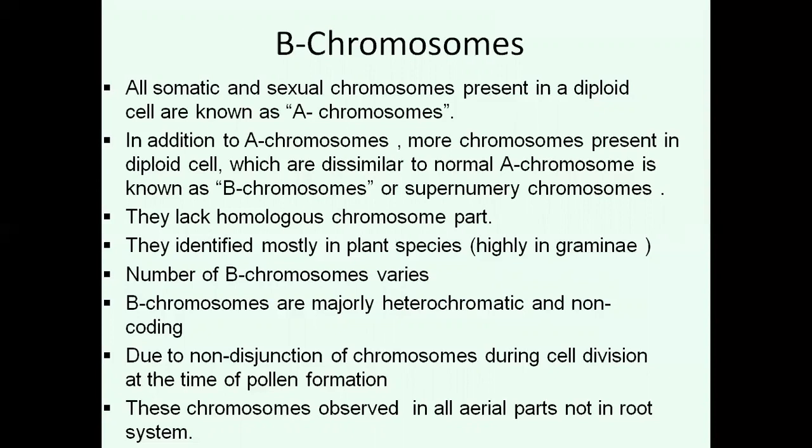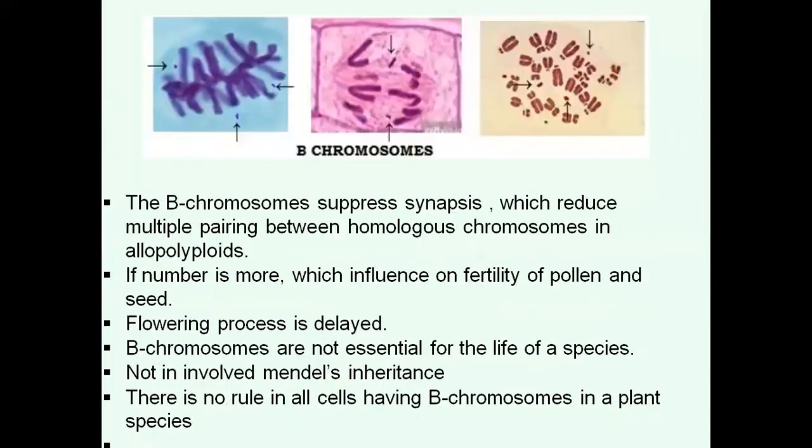In this fashion, an n+1 gamete fusing with an n gamete leads to the formation of a 2x+1 product. In this 2x+1 product, along with the A chromosomes, one extra chromosome is present, that is the B chromosome. These chromosomes are observed in all aerial parts, not in the root system.